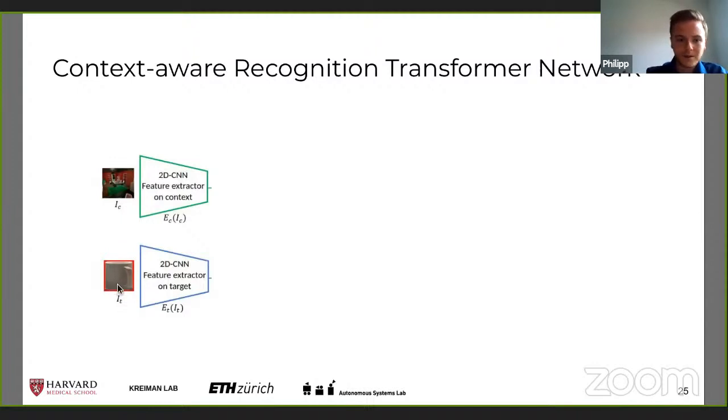So we create this part of the image by cropping the entire image to the bounding box of the target object. Okay, and we scale those input images to the same dimensions, such that just as in CRTNet, we have again a higher resolution of the target object in the target stream as compared to its resolution in the context stream.